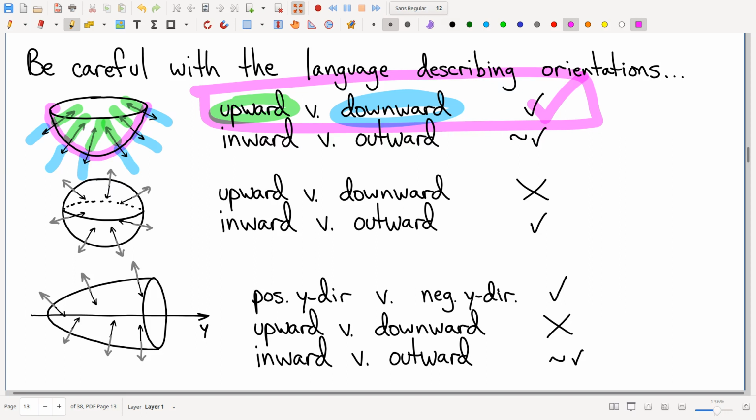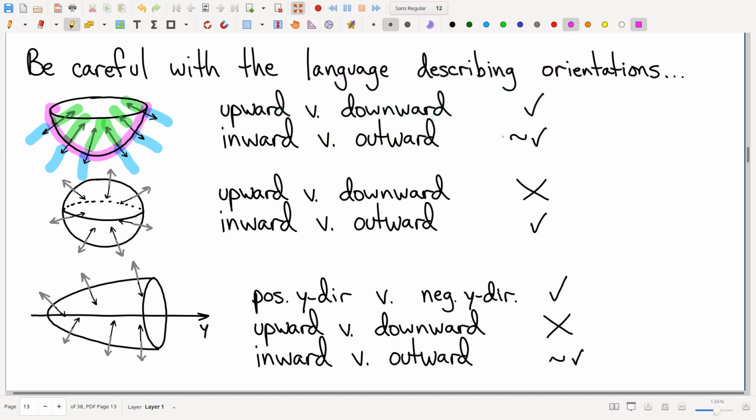All right. Now, another option that you could do, I'm less happy about this second option, is, kind of okay, I suppose, to say inward versus outward. My beef with this is that, technically, there is no inside. This is not a closed surface.